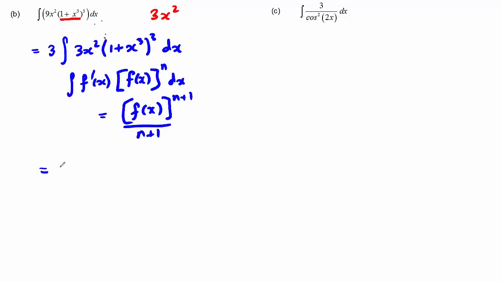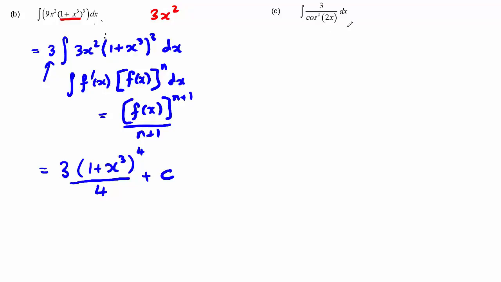So our integral is going to be 3, which is this 3 just here, (1 plus x cubed) to the power 4 divided by 4 plus a constant.